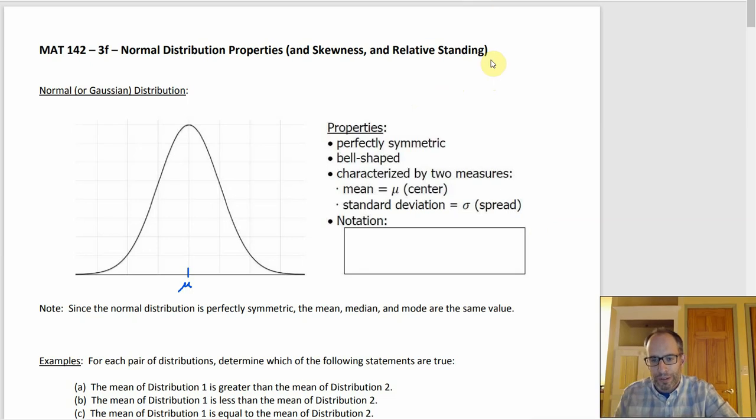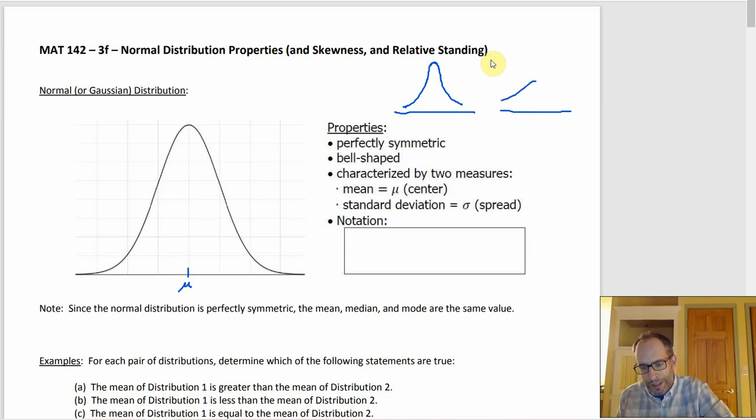So let me see if I can draw one in here. All right, so a tall and thin bell curve, maybe something like this. And if you have a big standard deviation, maybe you get one that's kind of short but really spread out, like the tails take a while to get down to the axis.